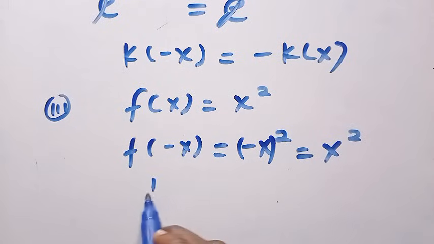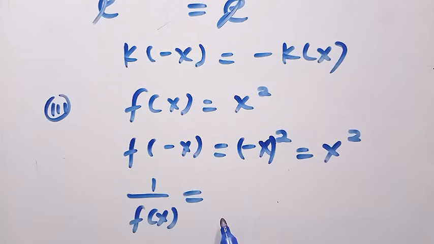But what of 1 over f of x? It gives us 1 divided by x raised to power of 2. So these two contradict each other because we have x squared here and we have x raised to power of minus 2. So this does not work.